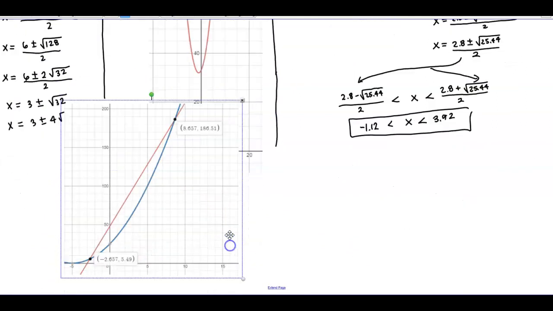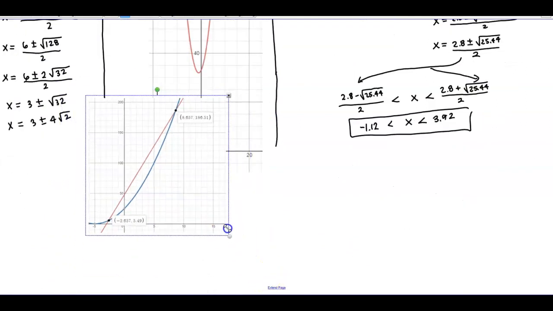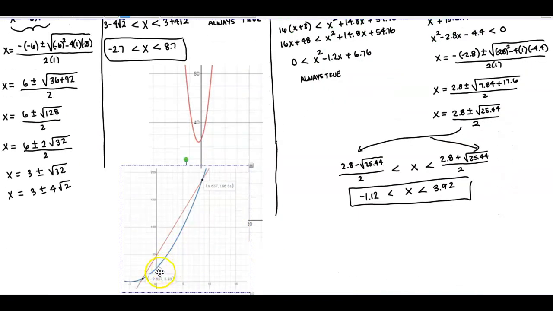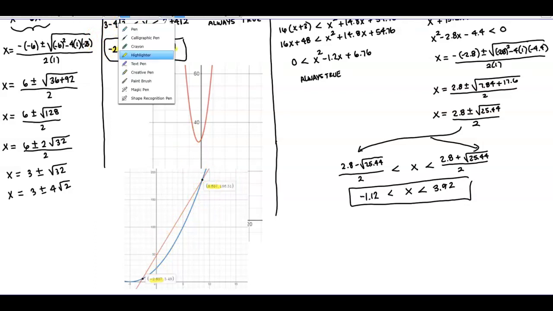Notice that on this graph, the interval of what we're looking for is in between negative 2.7 and positive 8.7, and those are the values of x. So we could actually graph and determine what this interval is according to the value of x. But we also want to take a look at the other one as well.